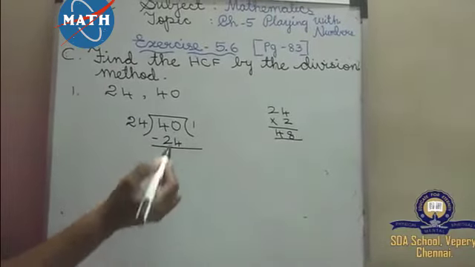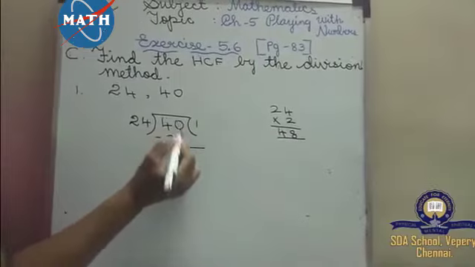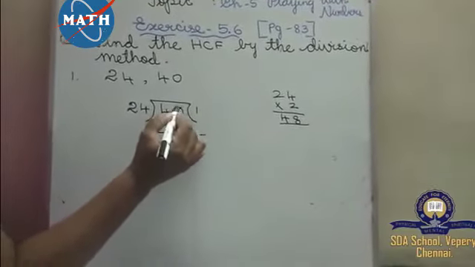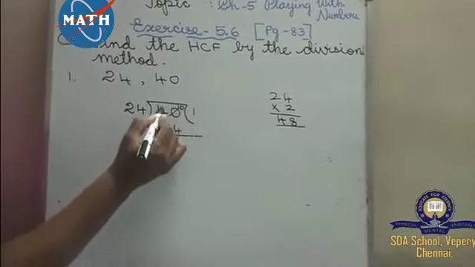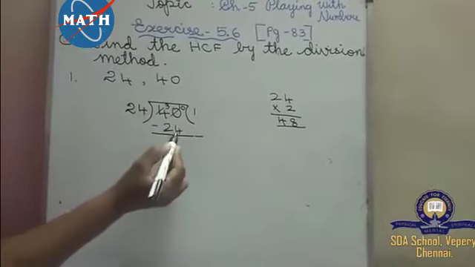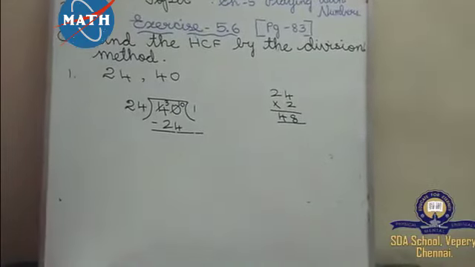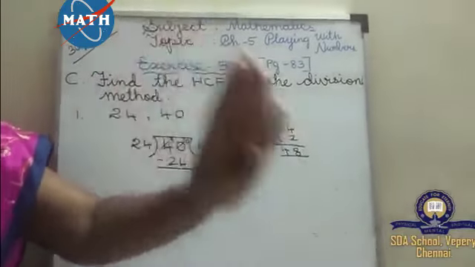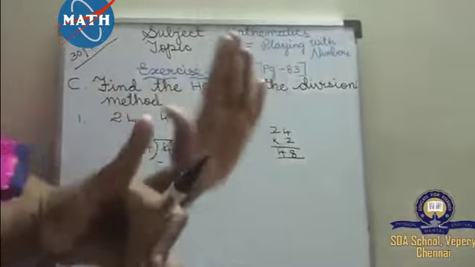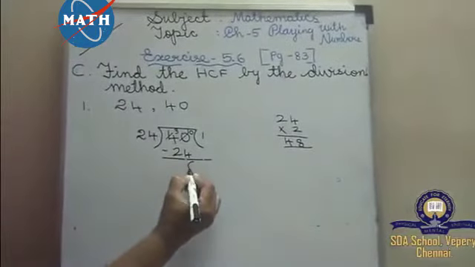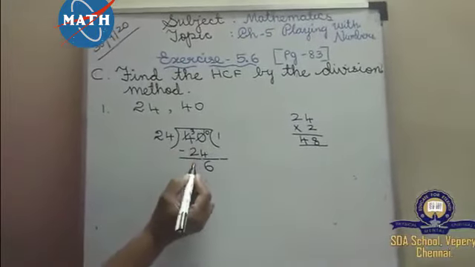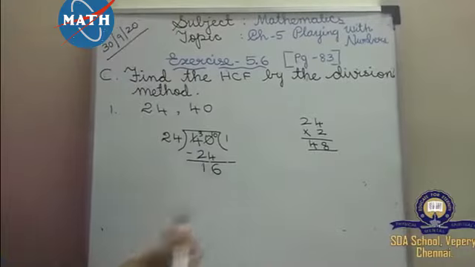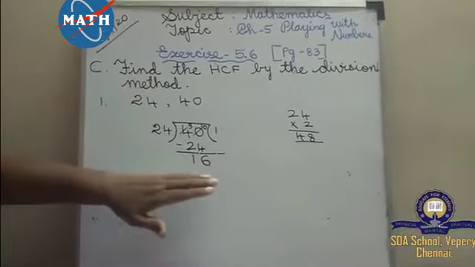So what's the remainder, children? We can't subtract 4 from 0. So what you have to do? You have to borrow. This will become 10 and this 4 will become 3. So after 4, if you count up to 10, what will come, children? After 4, 5, 6, 7, 8, 9 and 10. So what's the answer? 6. And then here 3 minus 2, what will come, children? 1. So here 16. Listen all of you carefully.